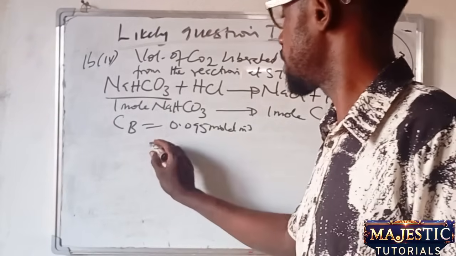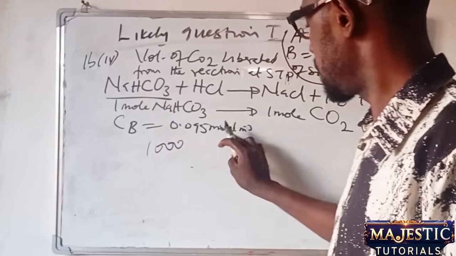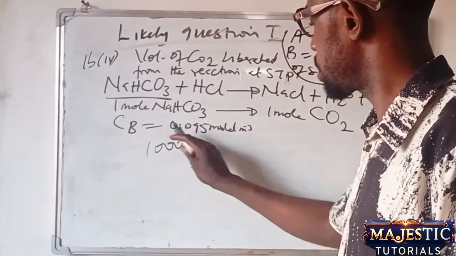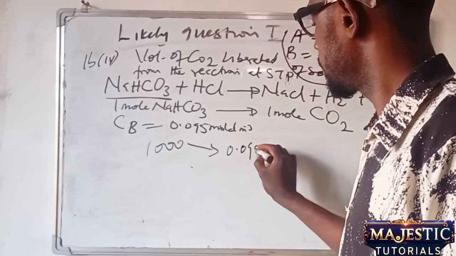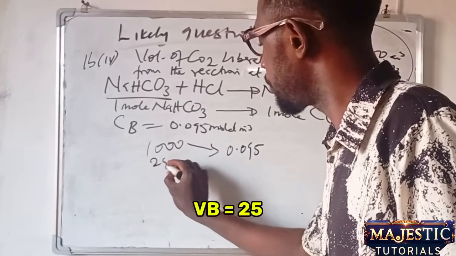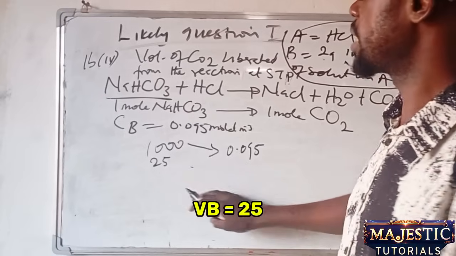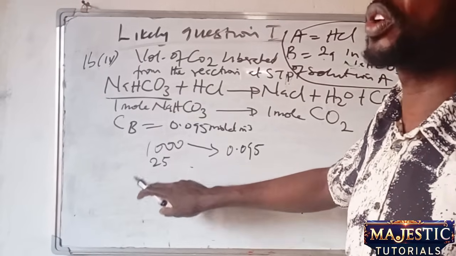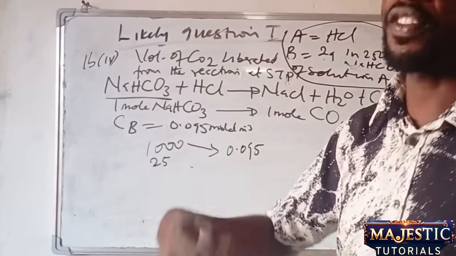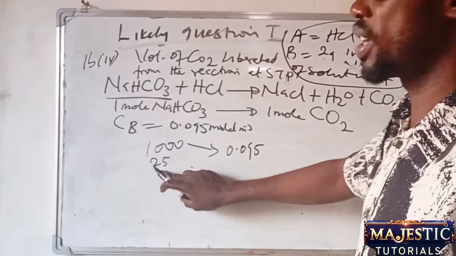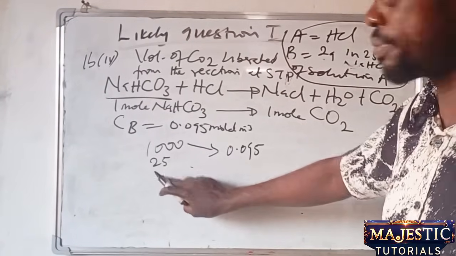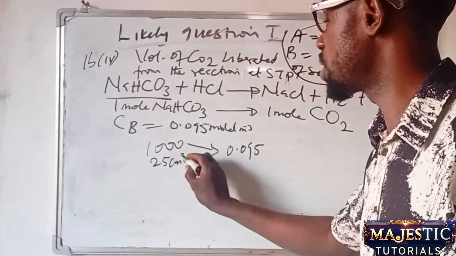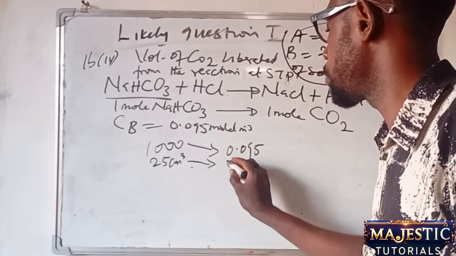So you are going to now say 1000, because of this dm cube, contains what? 0.095. Now 25, which is the volume we used. In exam, if they specify it, they might tell you what volume of carbon 4 oxide is liberated by 500 cm cube of B. You now use 500 here, but the question says from the reaction, and from the reaction we use 25. So 25 cm cube will give what?